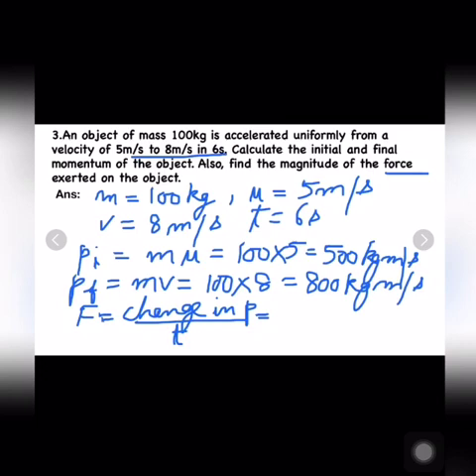Change in momentum is always final minus initial momentum, and you know the value of final as well as initial momentum, which is 800 minus 500, upon time. T is given to you, 6 seconds. So when you solve this, you will get force equal to 50 Newton. This is your answer.